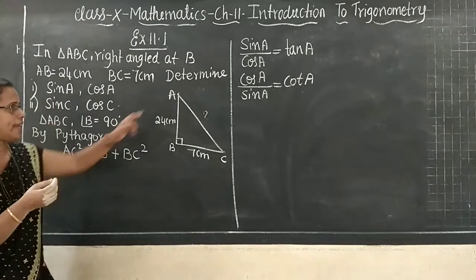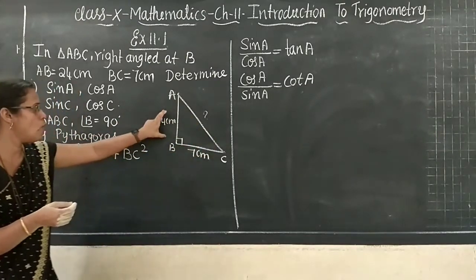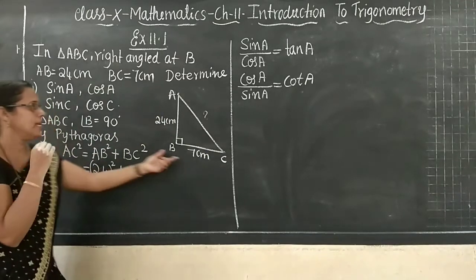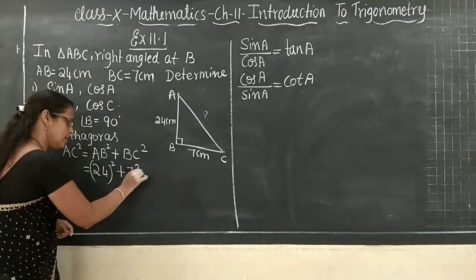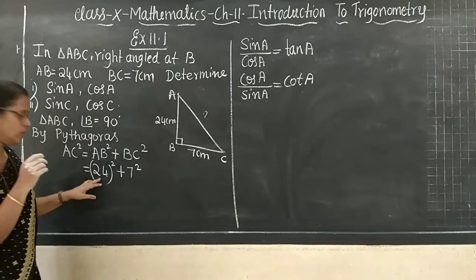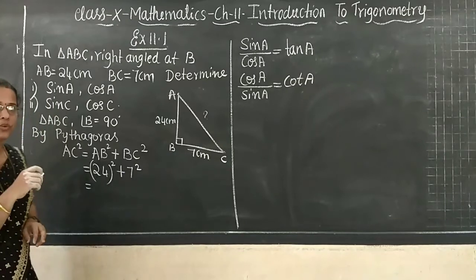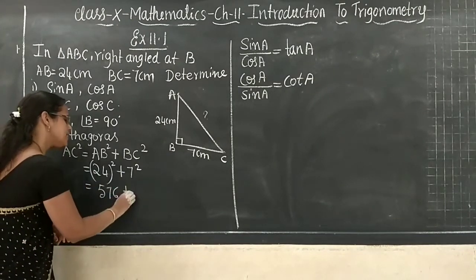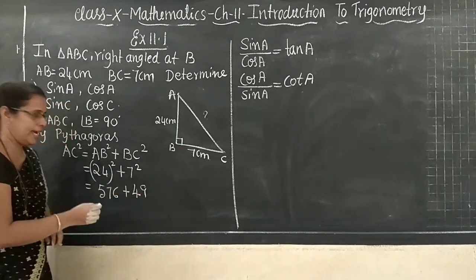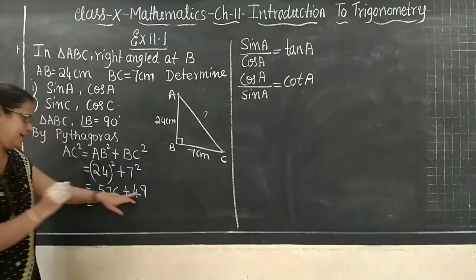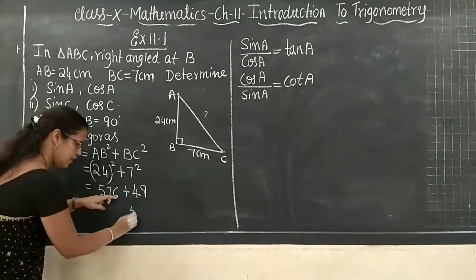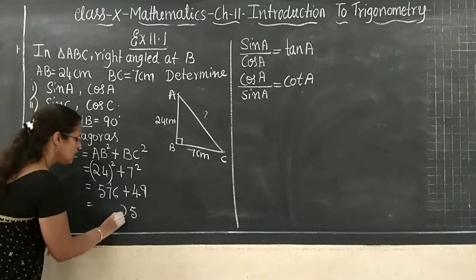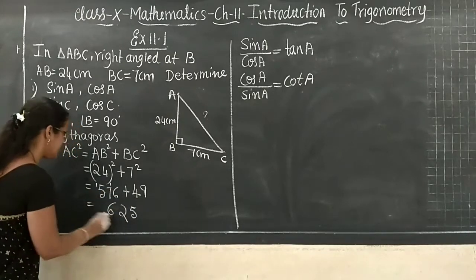AC square, AC we don't know, children. AB how much? 24, so 24 whole square. BC is 7 square. So what is 24 square? 576, plus 7 sevens are 49, right? So then add it. 9 plus 6, 15. 7 plus 1, 8. 9, 10, 11, 12. 1 carry. 5 plus 1, 6.